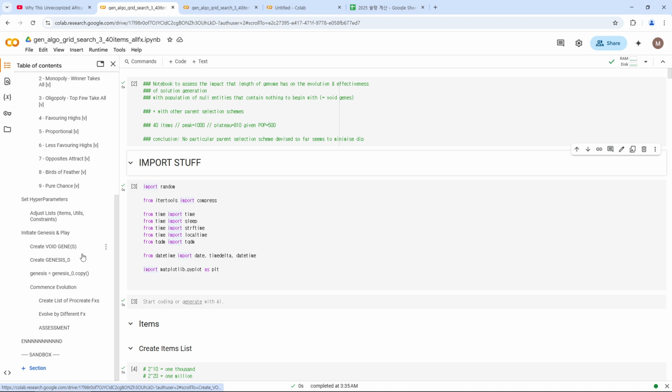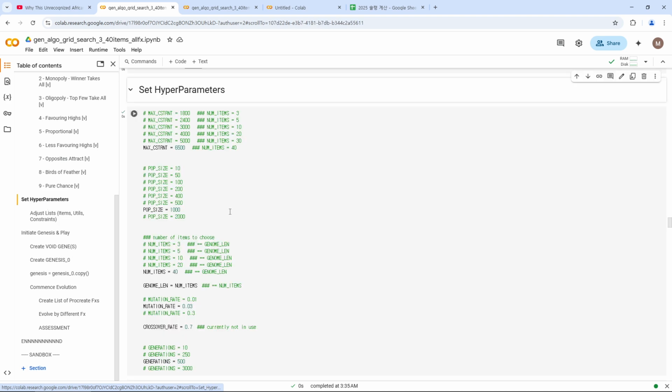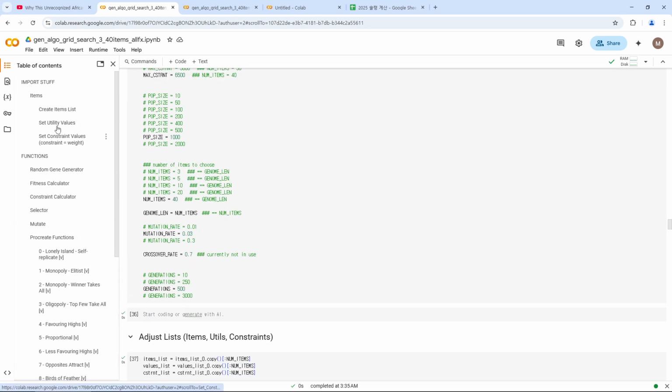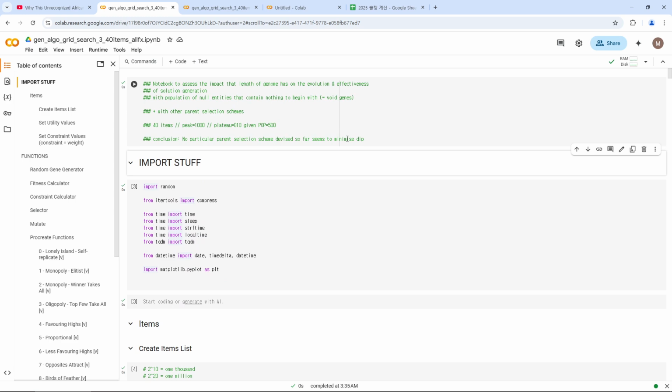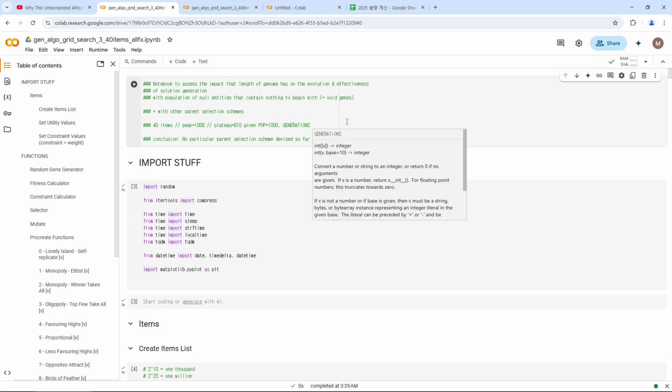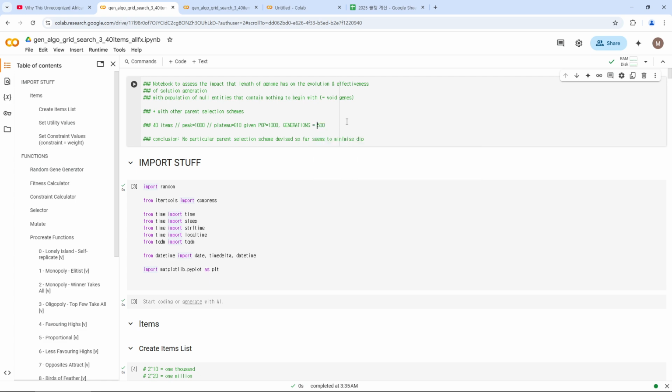I think it's 1000, but 500 is for the generations. So population is 1000 and generations is 500. So that's obviously something wrong.